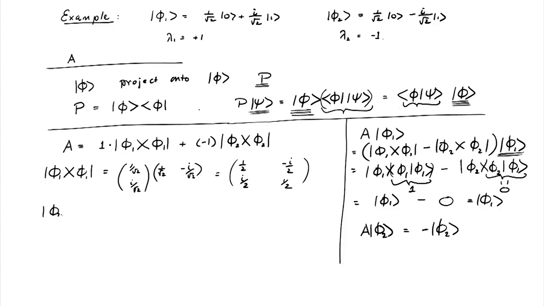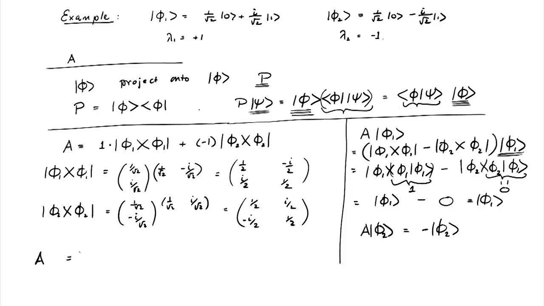And similarly, phi 2 is a similar thing. And if you work this out, you get, and so what's A? It's this minus this. And so if you subtract this minus this, you would get zeros on the diagonal, and you'd get i, minus i.